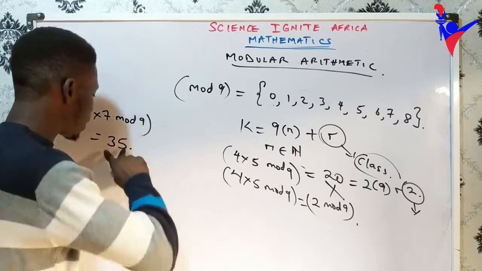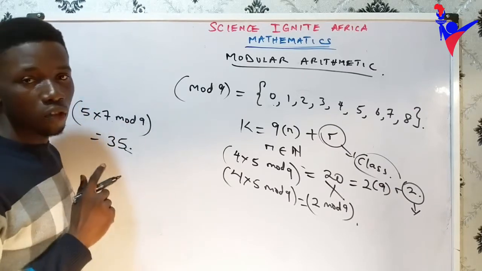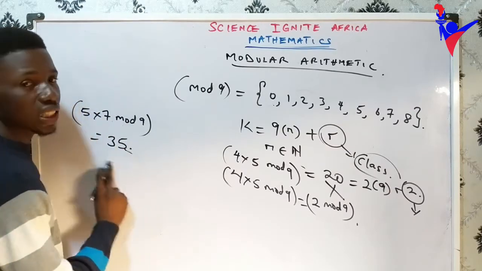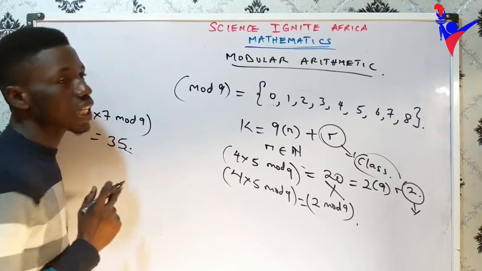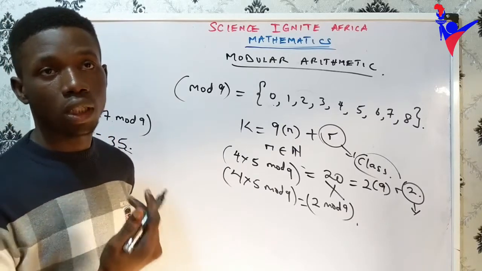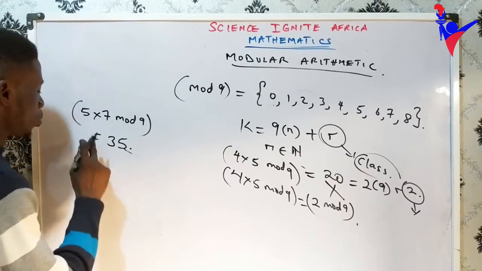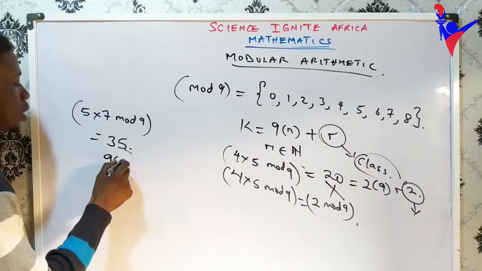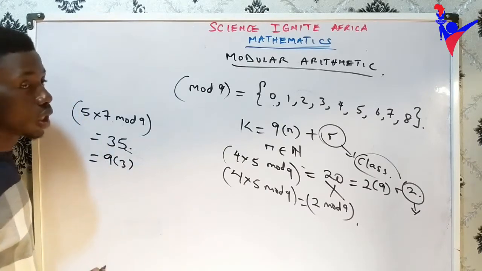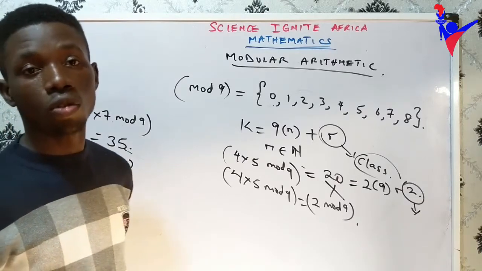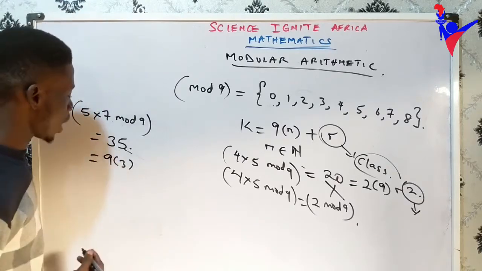But you realize that 35 is not an element of mode 9. So what we do is divide this 35 by 9. If we divide 35 by 9, what do we get? We get 3. 9 times 3 is 27. Then 35 minus 27 is 8.